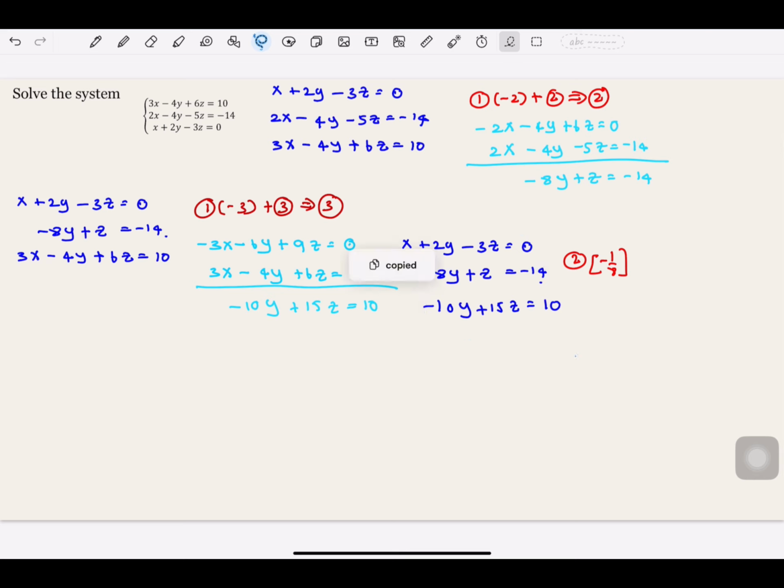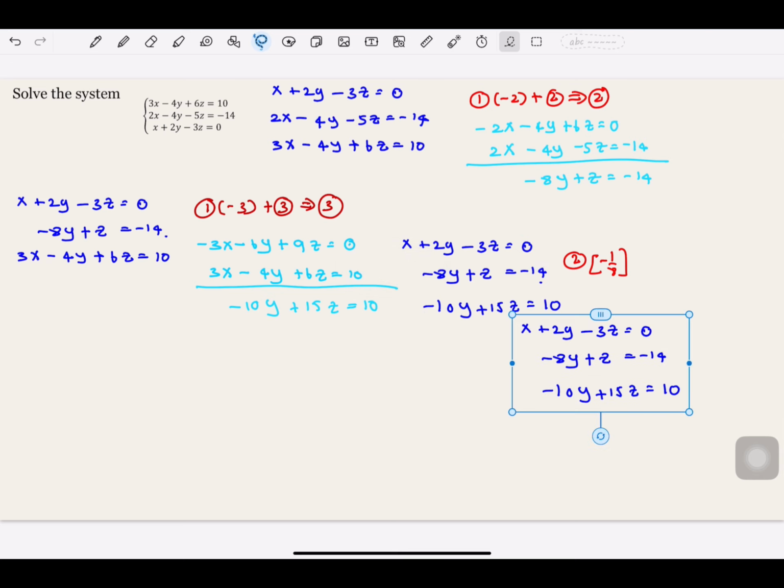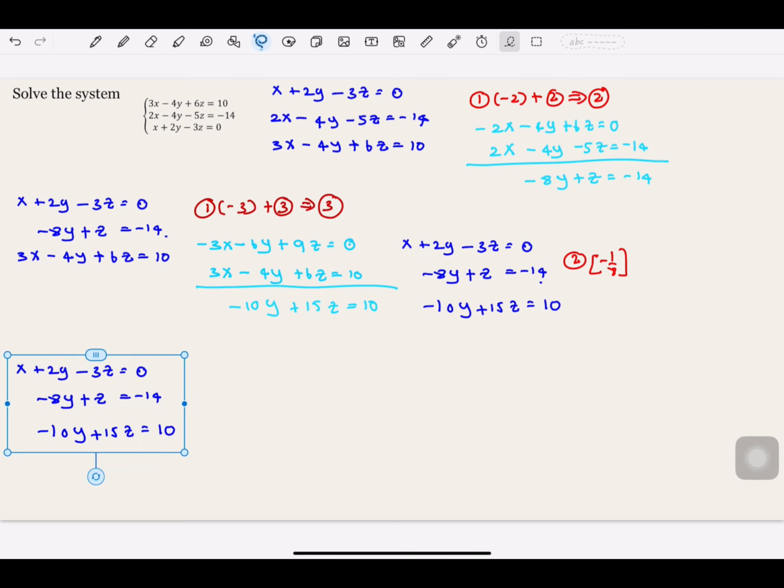Okay, copy this down and paste it over here. And if you multiply negative 8y by negative 1 over 8, you'll get a positive y. And for the second term, it's going to be negative z over 8. And over here, it's 14 over 8. So this is the system.